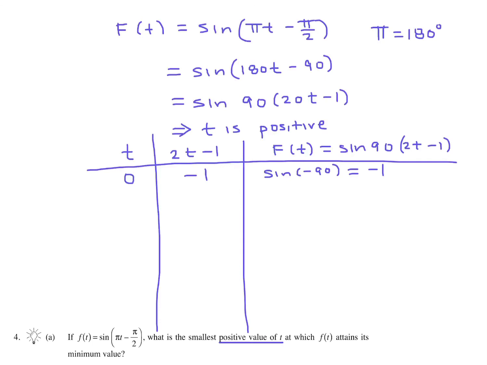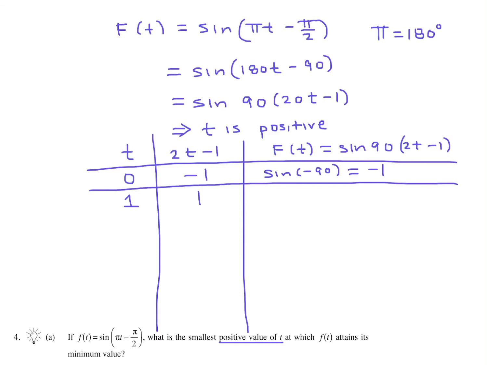Now, t is positive, so this is not allowed, but this is sort of where we're beginning. Everything is going to be greater than this boundary. So let's start with, whatever you want to start with, 1. That sounds pretty good. So that means 2t minus 1 is 2 times 1, which is 2, minus 1 is 1.